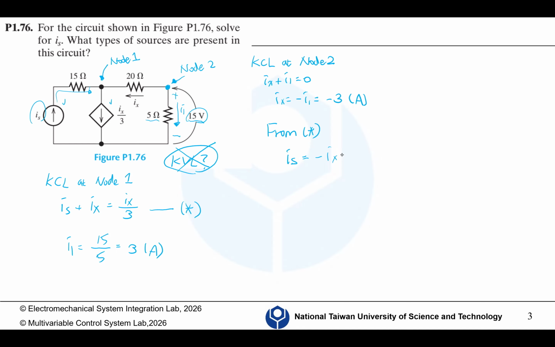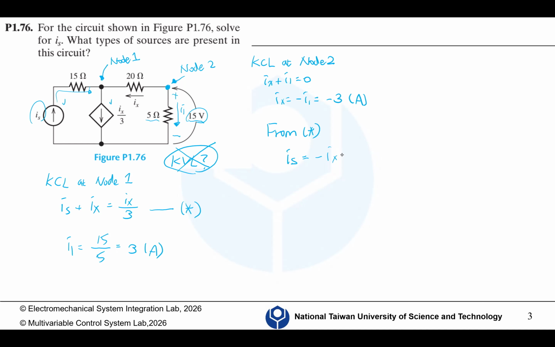And then we look at the first mesh, and we can immediately define that we have this positive negative 4 times I1. And then we have a problem here.